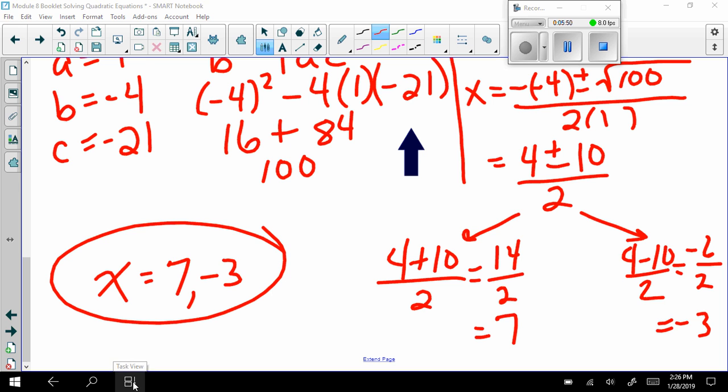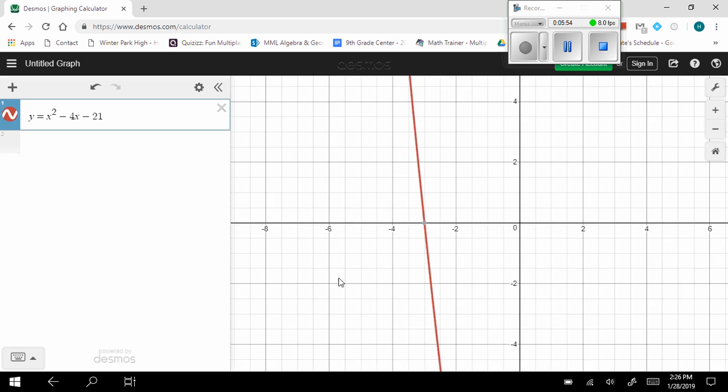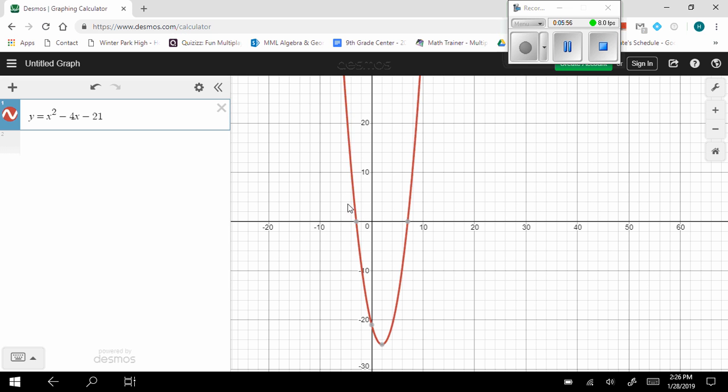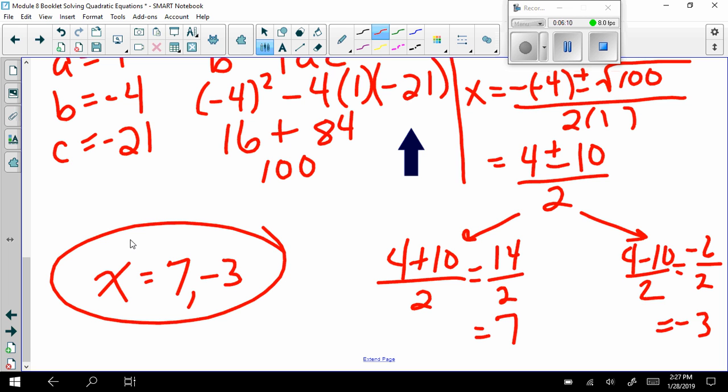I do want to point out, if I were to look at the graph, I've kind of zoomed in a little bit. If I were to look at the graph here, so you can see my equation, x squared minus 4x minus 21, I get negative 3 and 7 as my two x-intercepts. I also want to point out that I could have factored this one.